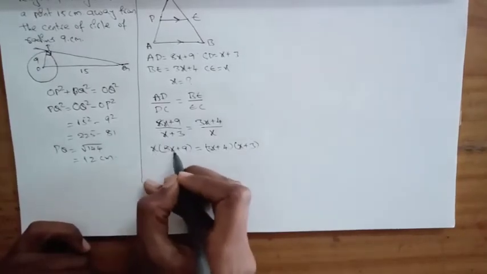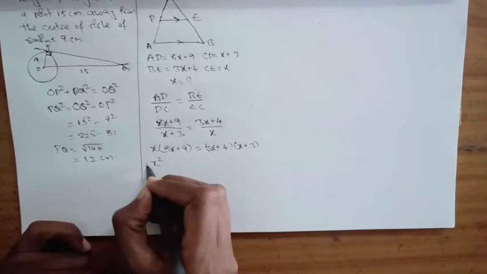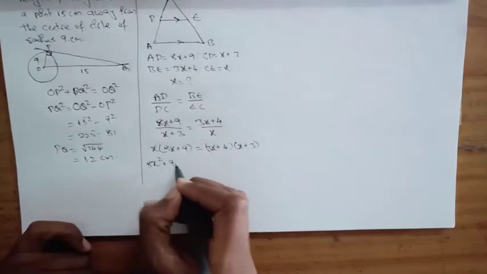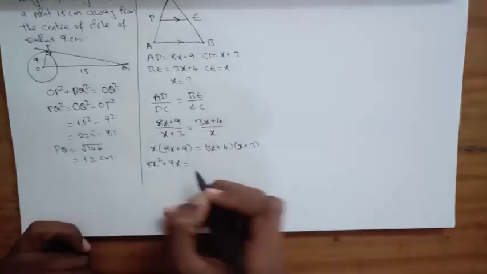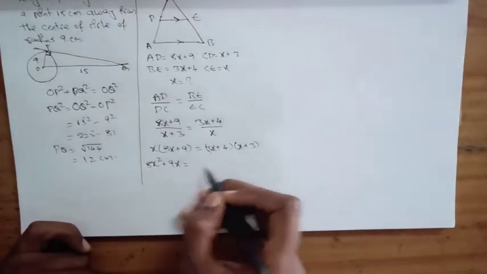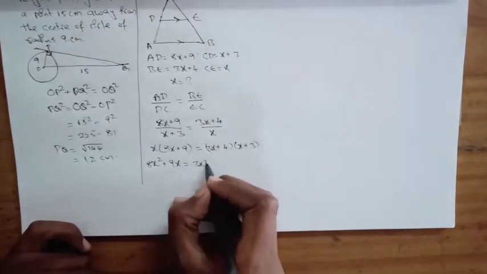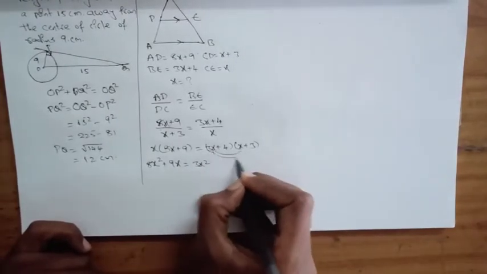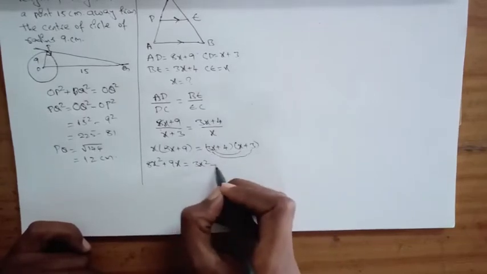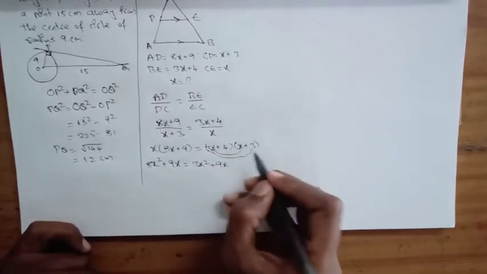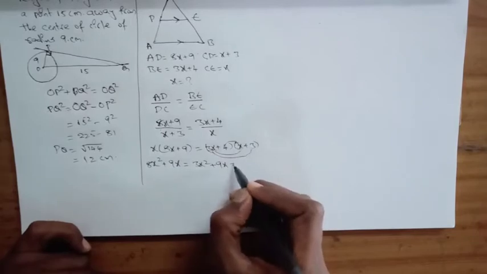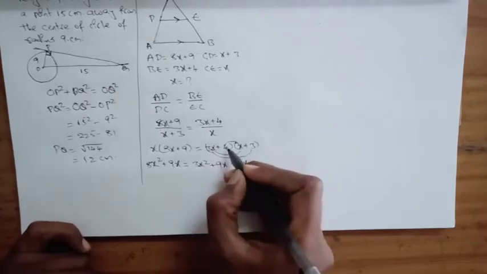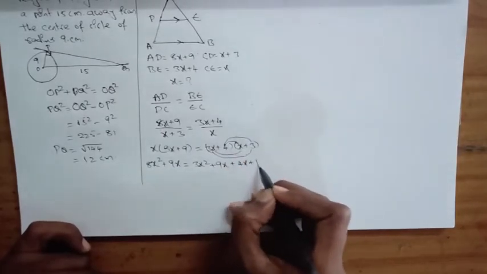So x into 8x is 8x square plus 9x equals 3x square, and 3 into 3 is 9x, and 4 into x is 4x, and 4 into 3 is 12.